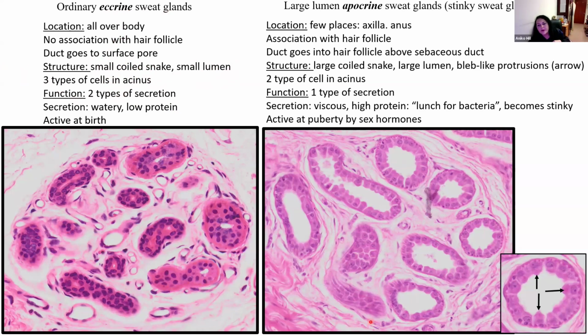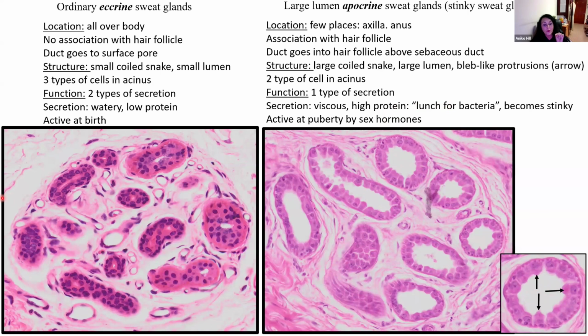How about in the apocrine sweat glands? This is usually larger, even though in this image it's hard to see it like that, but I will show you another one. The lumen is larger, you can see, in comparison. And what is really interesting is that it has these bleb-like protrusions into the lumen.